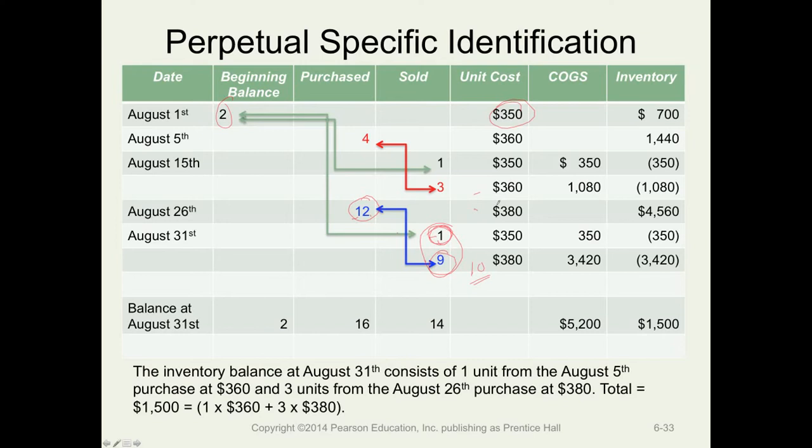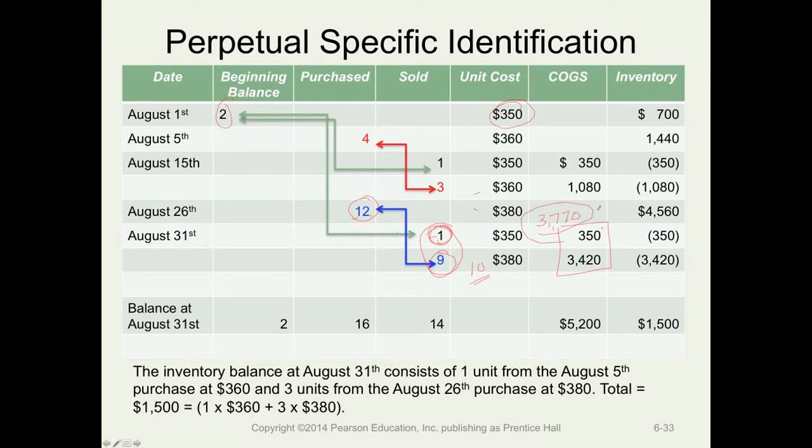So we know that the cost of goods sold for these units is going to be the sum of the $350, and of course the 9 units at $380, or the $3,420. So we know that the cost of the August 31st sale is going to be $3,770 as we calculated earlier.